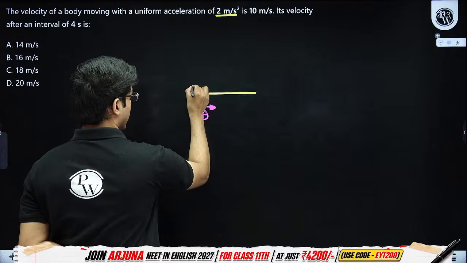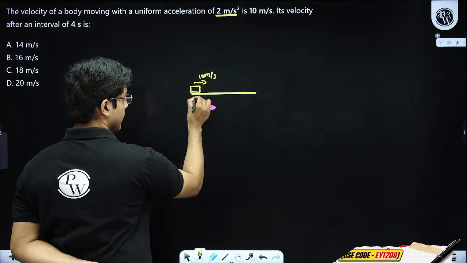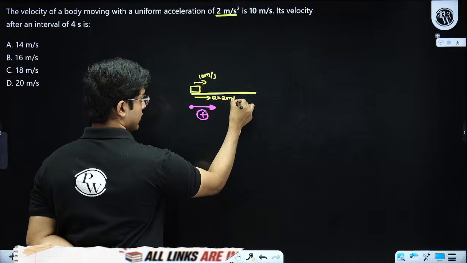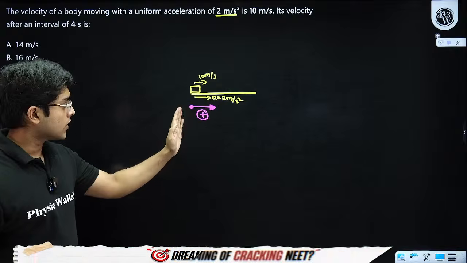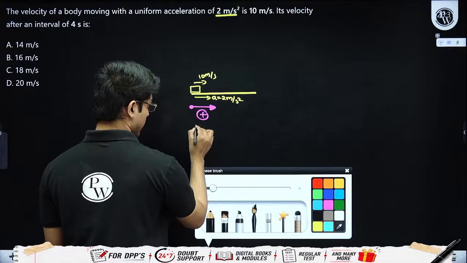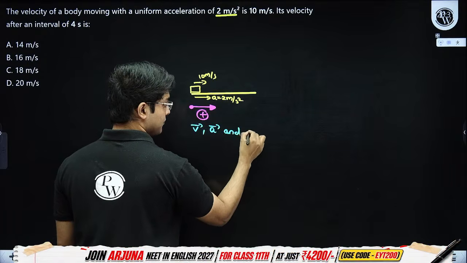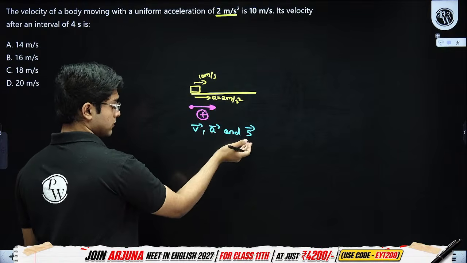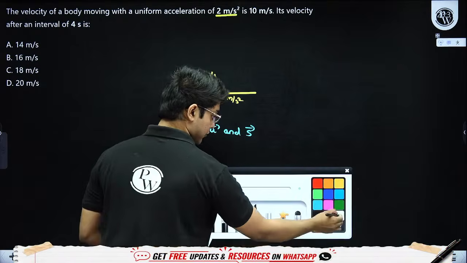Here let's say the body's initial speed is 10 meters per second to the right, and acceleration is 2 meters per second square. If you choose the right direction as positive, any vector to the right, and by vector I mean velocity, acceleration and displacement, any vector along the right you will take as positive, and anything to the left you will write as negative.